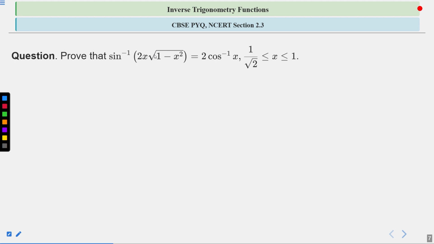The left hand side becomes sine inverse of 2 cos theta into root over 1 minus cos square theta, which is sine inverse of 2 sine theta cos theta, that is sine inverse sine 2 theta. So we can write sine inverse sine 2 theta as 2 theta, and theta is basically cos inverse x. Clear? So in this way you can try to approach this question.